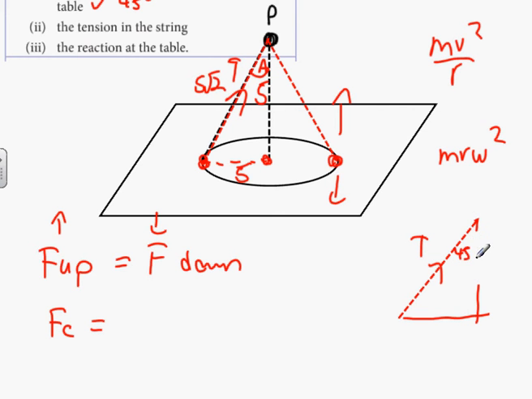So this is T sine 45, and this one is T cos 45. T over root 2, T over root 2, because it's going to be T multiplied by 1 over root 2. Because sine 45 is 1 over root 2, cos 45 is 1 over root 2. So it's going to be T over root 2 for both of them.